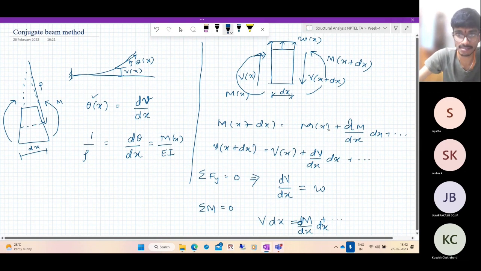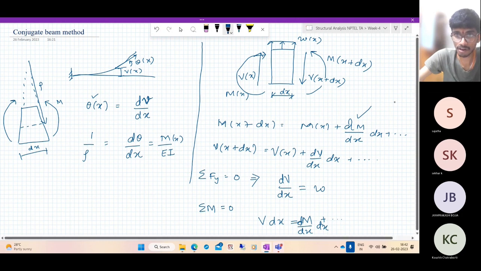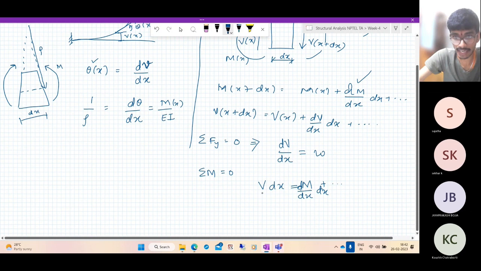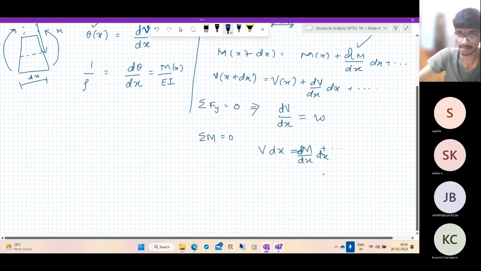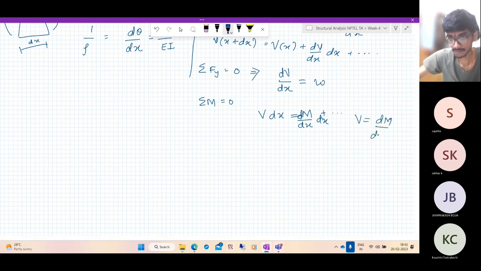So m of x plus dx minus m of x is the excess counterclockwise moment, dm by dx dx. And what is the clockwise moment? Clockwise moment is v of x dx. So if you equate both, you get v dx is equal to dm by dx dx, which means v is equal to dm by dx.